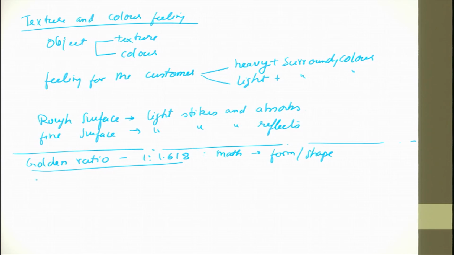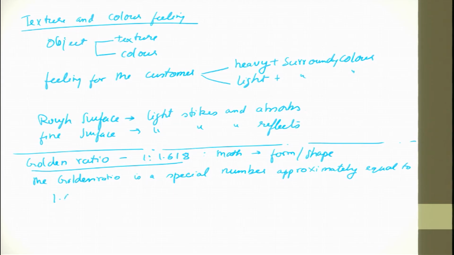The golden ratio is a special number approximately equal to 1.6180339, and it goes on. So, we take only 1.618.